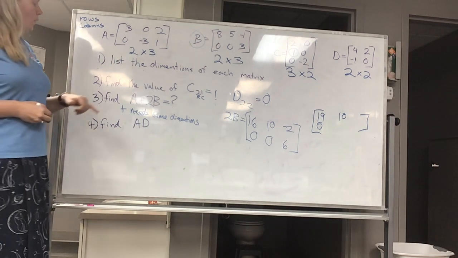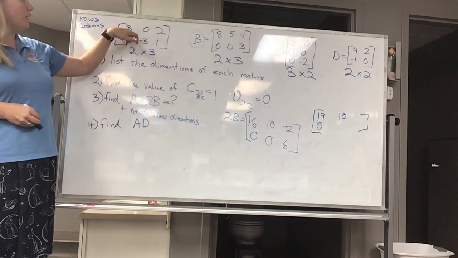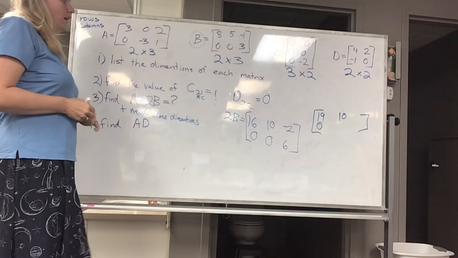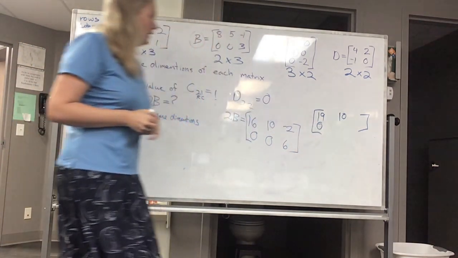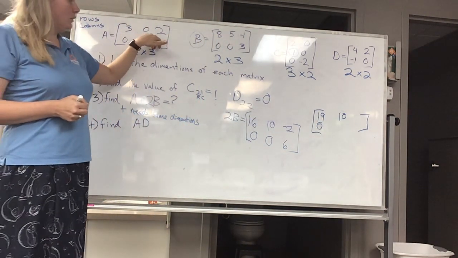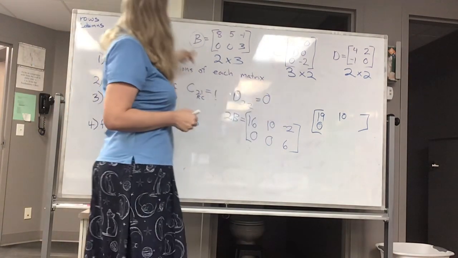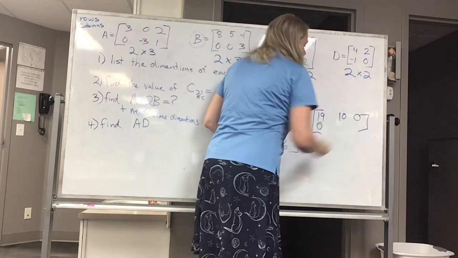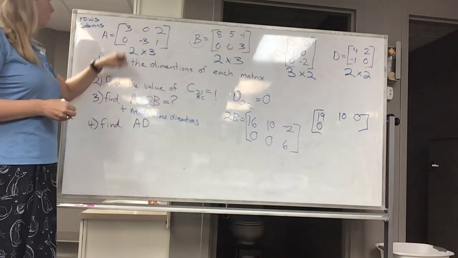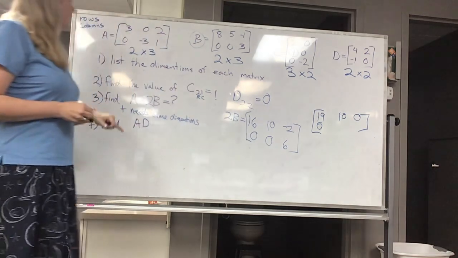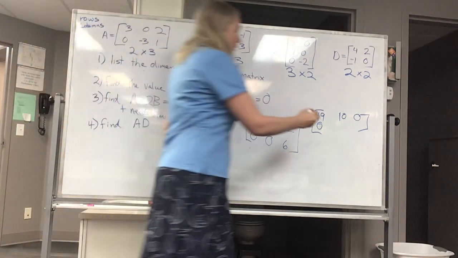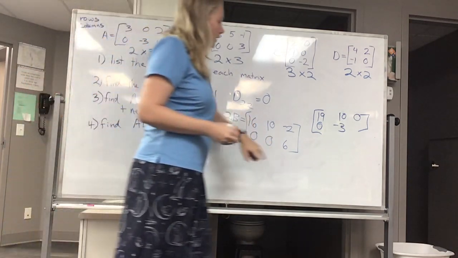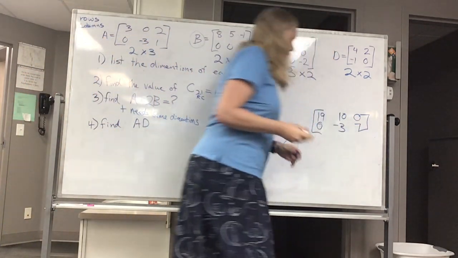So 1, 1 of A was 3, 1, 1 of 2B was 16, and so added together they were 19. 0 and 10 was 10, 2 plus negative 2 would be 0. 0 and 0 is 0, negative 3 and 0, negative 3, and 1 and 6 would be 7.